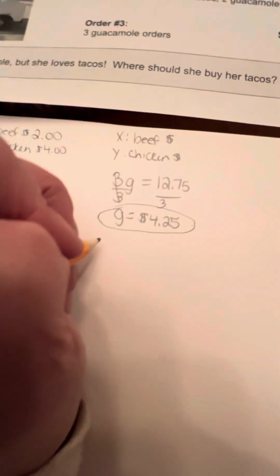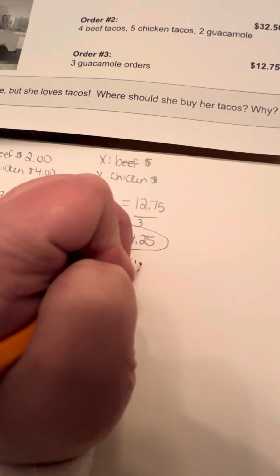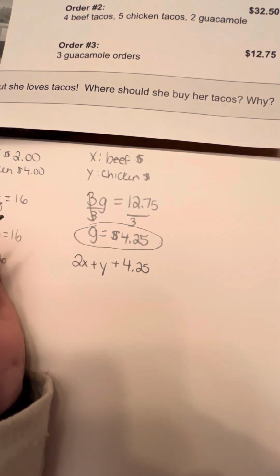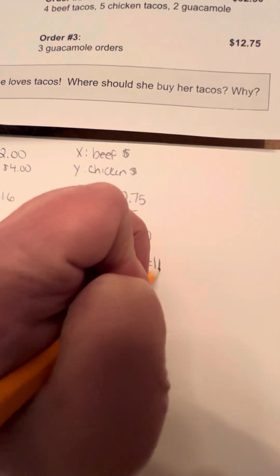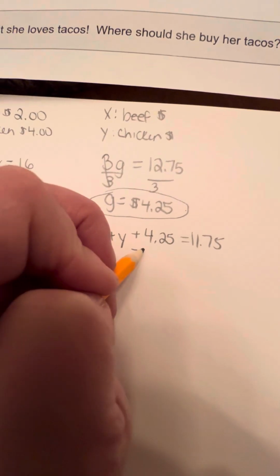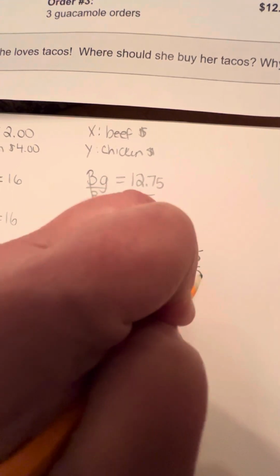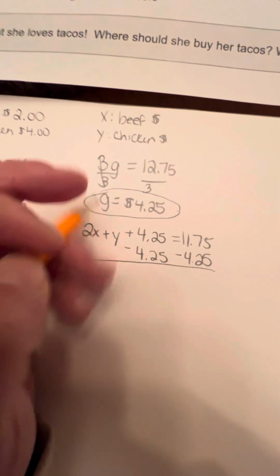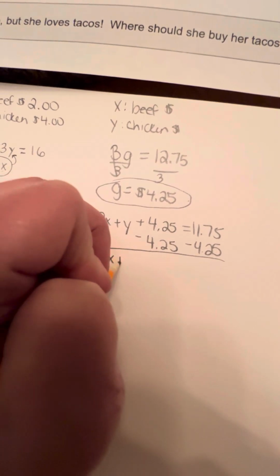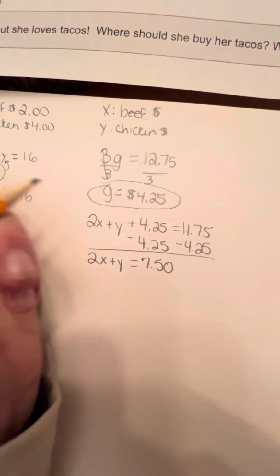So I'm going to have my 2x plus my y plus my 1 guac, which we just figured out was $4.25, and that equals $11.75. We're going to start by getting rid of this $4.25. Now this will make it a little bit simpler for us to work with: 2x plus y equals $7.50.